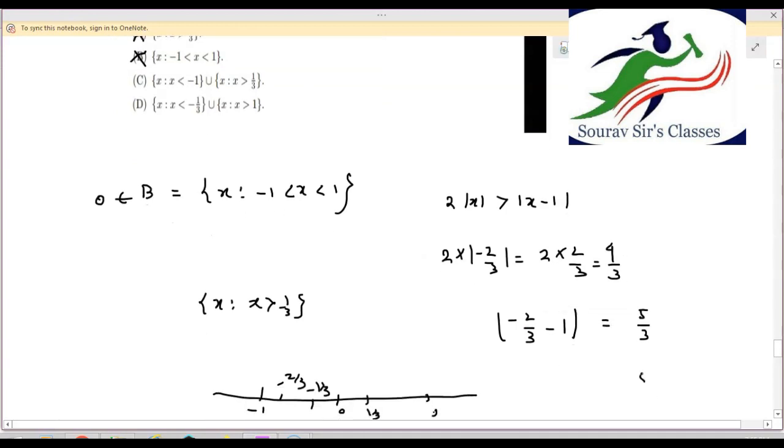We know that 5/3 is greater than 4/3, and hence I can say that this point x equal to −2/3 is not satisfying this inequality, and this point lies in this interval D. Hence option D is again not the correct option. So the remaining option, option C, is our correct option.